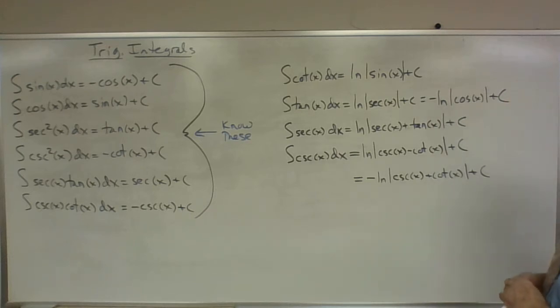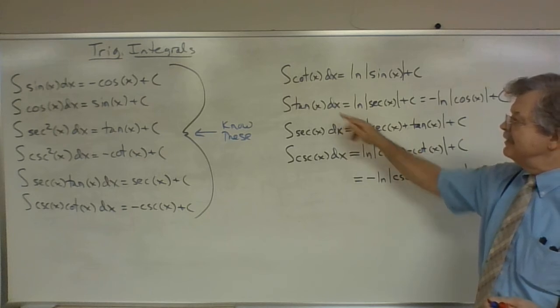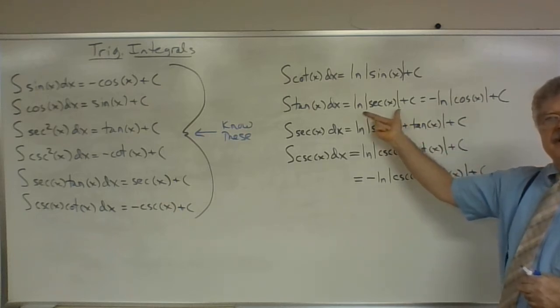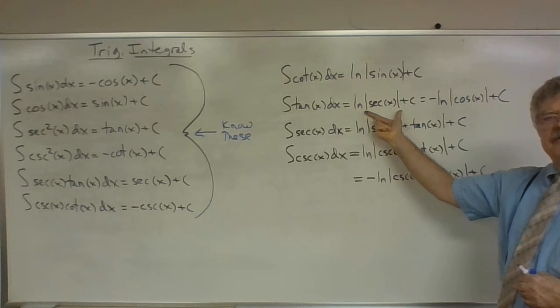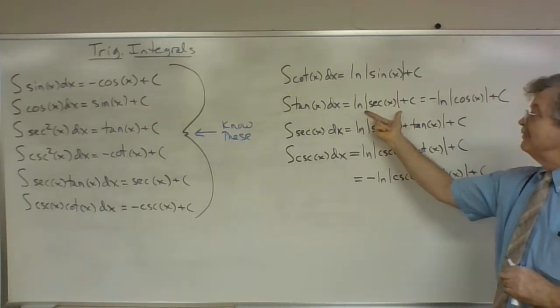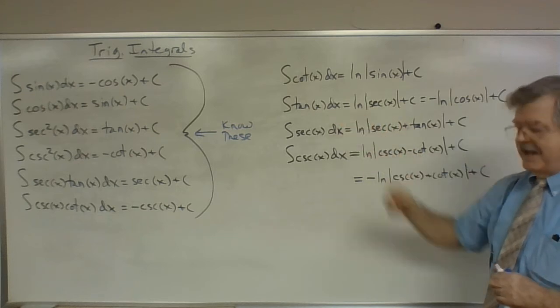Notice that the integral or antiderivative of tangent has 2 different forms. This is the universally accepted form. Every text in calculus on Earth, plus on other planets and other galaxies, has this as the antiderivative of tangent x.